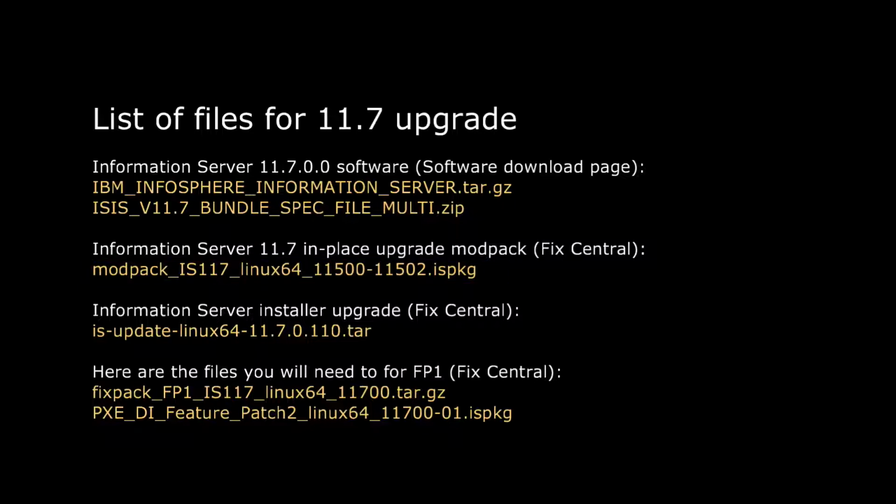The IS update Linux 64 11.7 is the set of files you need in that tar archive to update the installer itself. You'll find the installer in your Information Server Home updates folder. I believe that's where it is.